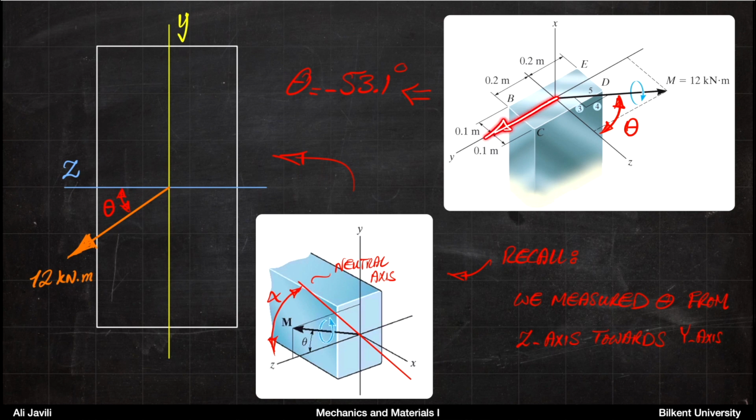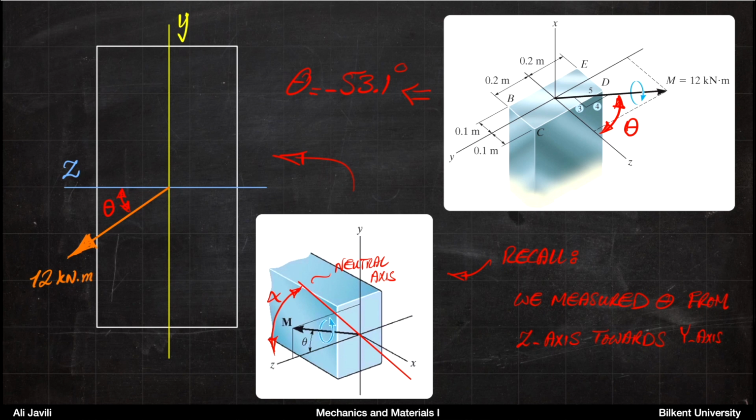This is the positive direction or plus direction for y-axis. This is the plus direction for the z-axis. And you can see that the moment is applied basically where theta is negative. Okay, so we measure theta from z direction when we developed our flexure formula.